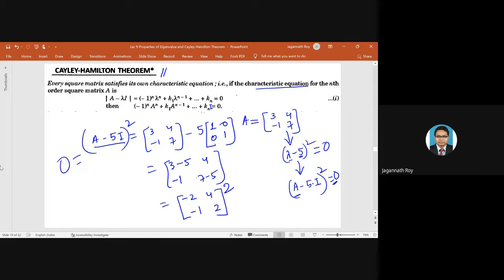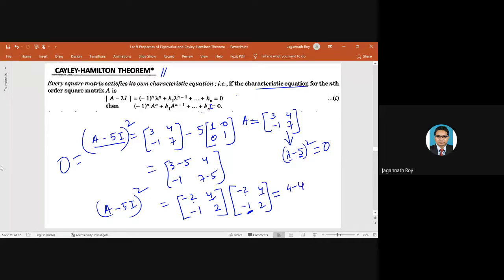The square means we have to multiply the matrix again: A minus 5I whole square is minus 2, 4, minus 1, 2 times minus 2, 4, minus 1, 2. Let us verify whether it is 0 or not. Minus 2 times minus 2 is plus 4, then 4 times minus 1 is minus 4.